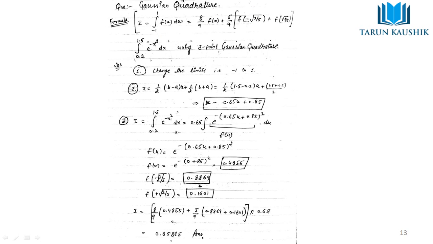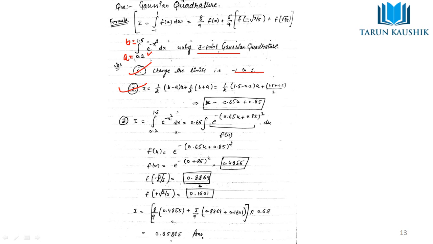So this was the question: integral of e raised to power minus x square dx, with limits 0.2 to 1.5, using 3-point Gaussian quadrature. Here a is the lower limit and b is the upper limit. The first step is to change the limit to minus 1 to 1.